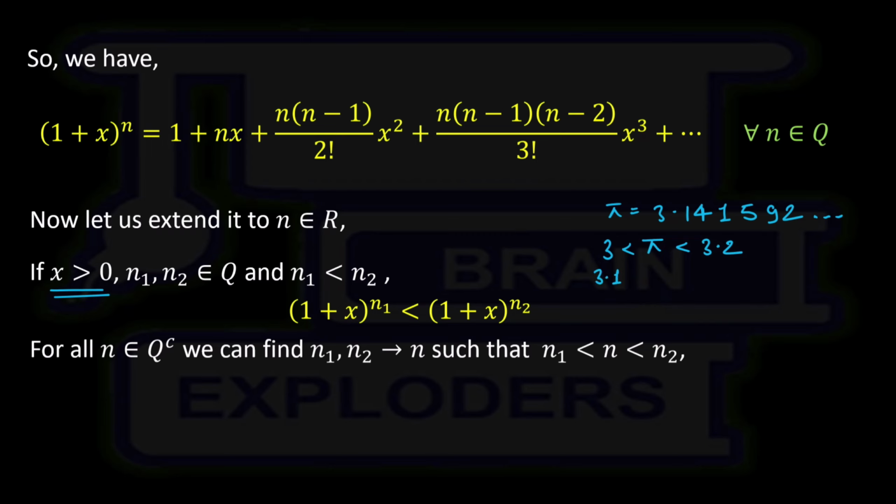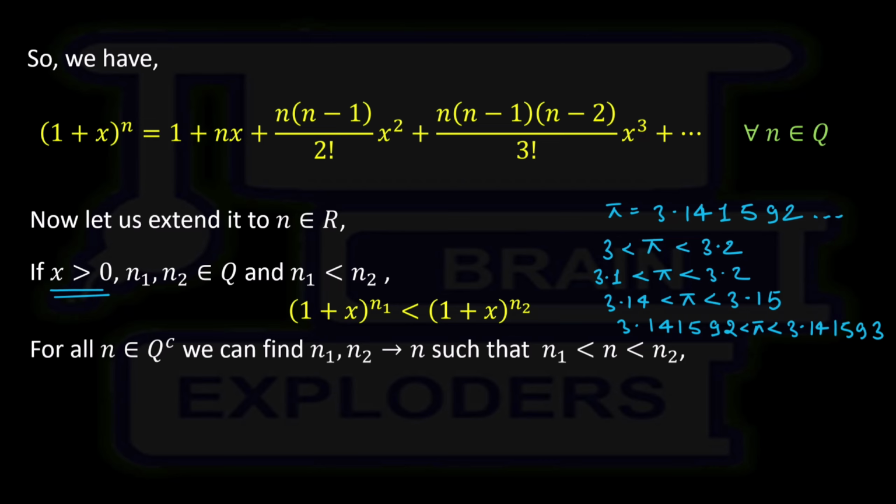Suppose 3.1 is less than pi, and pi is between 3.1 and 3.2. 3.14 is less than pi, and 3.15 is greater than pi, right? 3.14159 is less than pi, and 3.14160 is greater than pi. So we can just get close and close and close to pi.